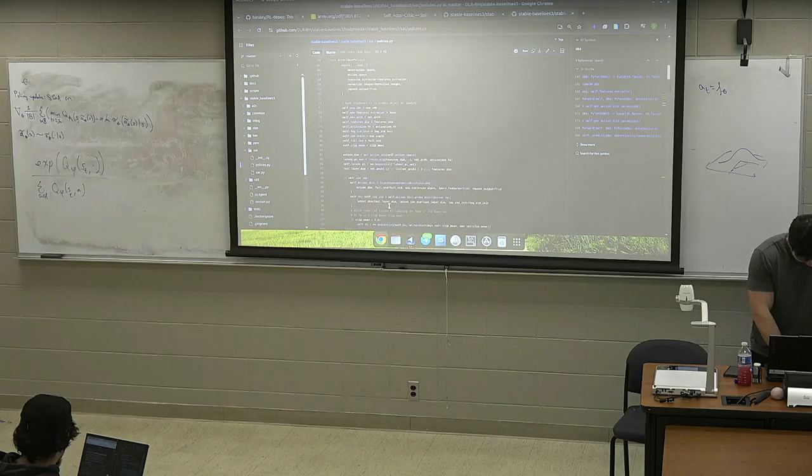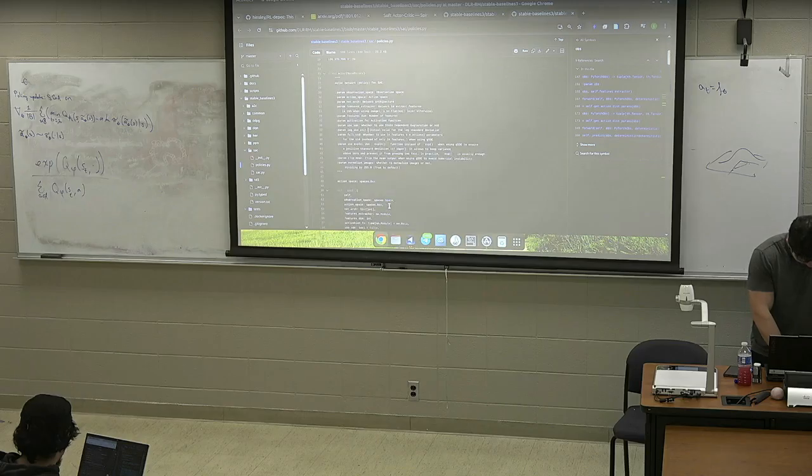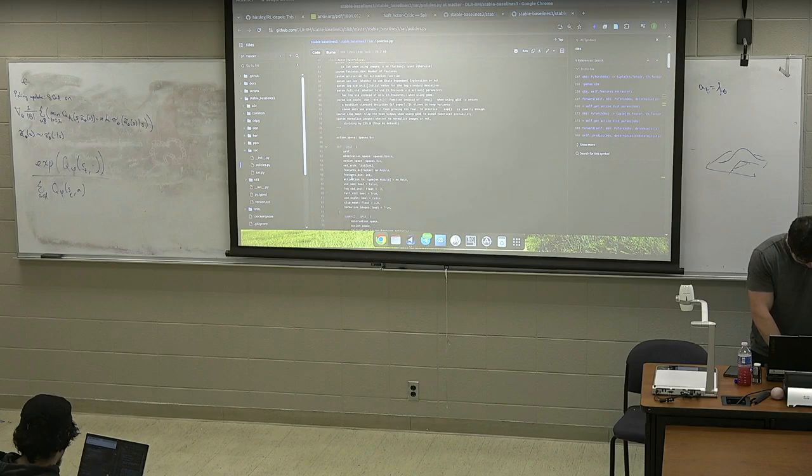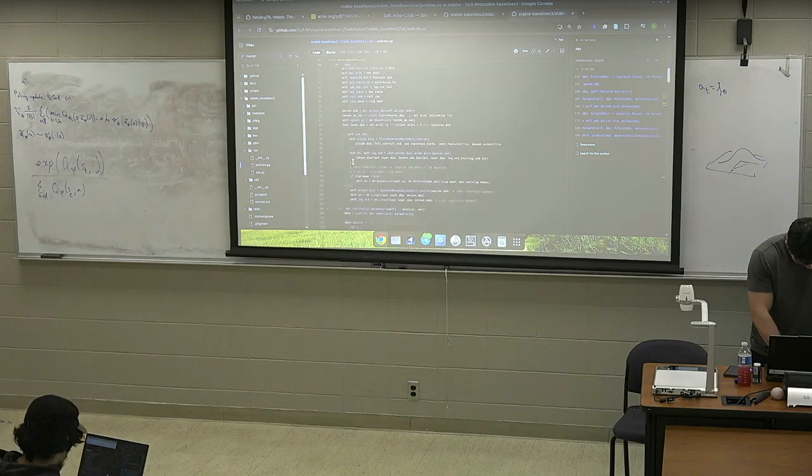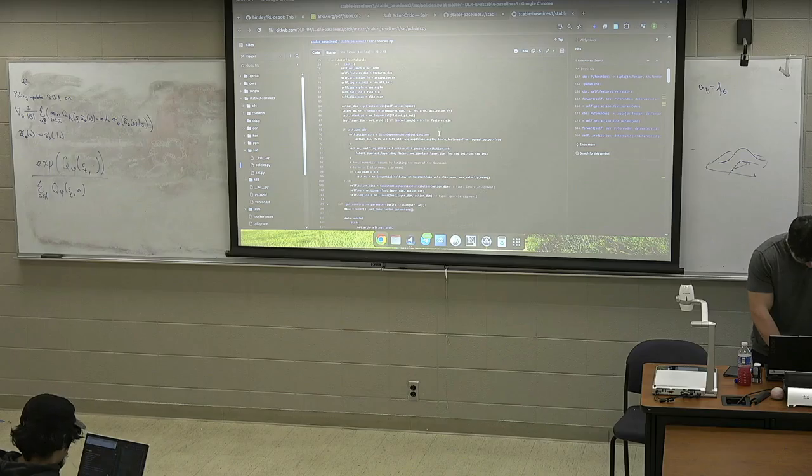So what is action dist? Action dist. State-dependent noise distribution. Otherwise, it's a squashed diagonal Gaussian distribution.